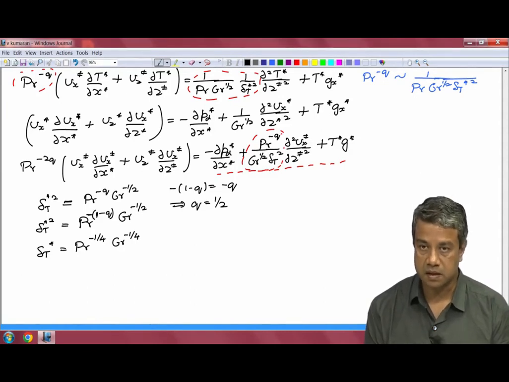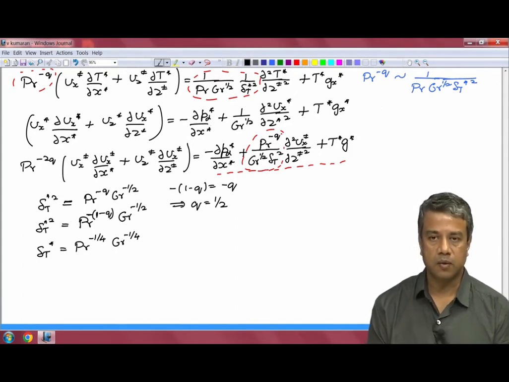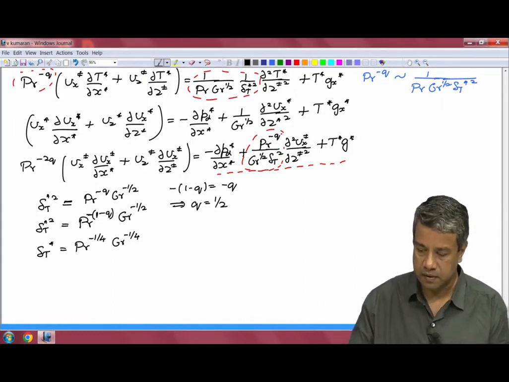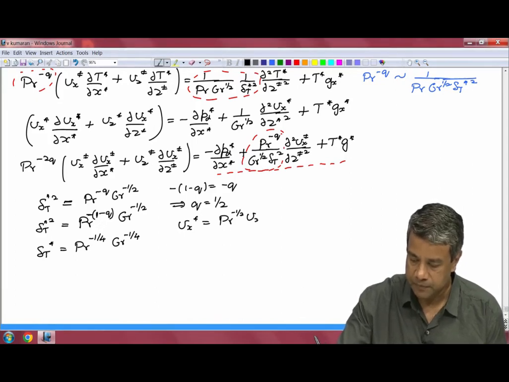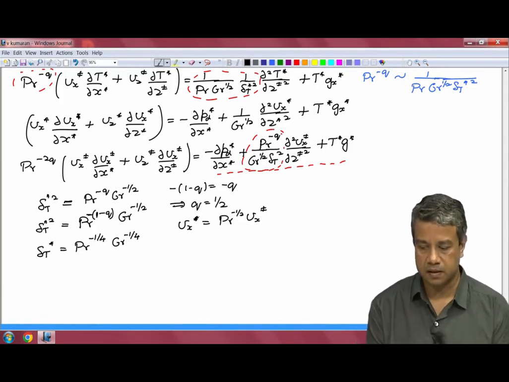The result shows that for the balance between momentum diffusion and the body force, as well as simultaneously a balance between thermal diffusion and thermal convection, the parameter Q has to be equal to a half, or the scaled velocity goes as Pr to the power minus half, in the limit as the Prandtl number goes to infinity.